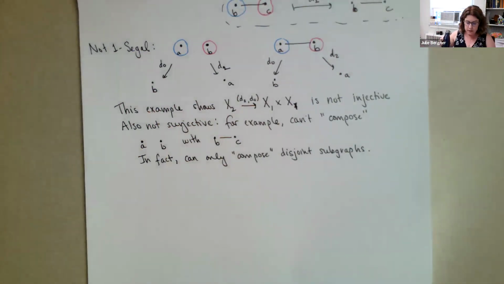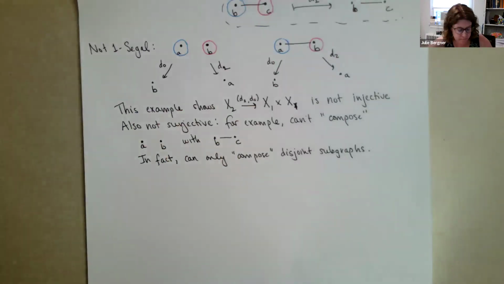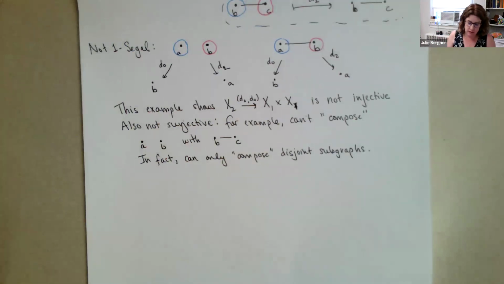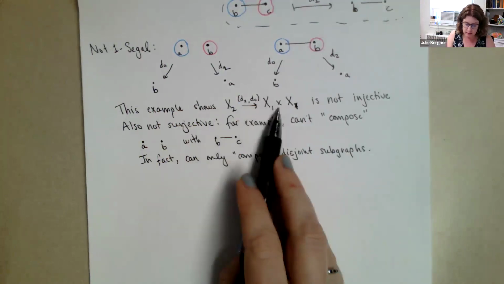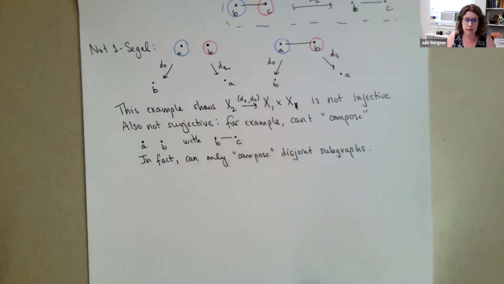Okay, so let me just ask if there are any further questions. Okay, so part of why I wanted to introduce this example, besides the fact that it's just a little more interesting, hands-on, but also a little more interesting than the ones that we've talked about before. In particular, the previous examples we had, this map was in fact injective, it just wasn't surjective.